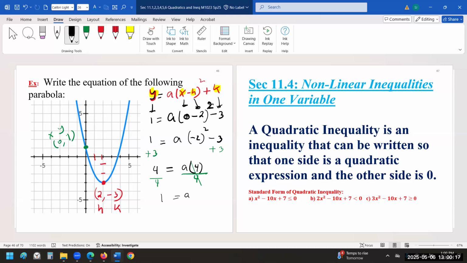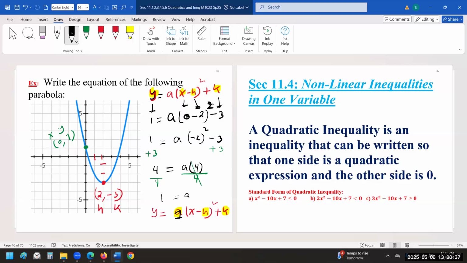Once you know the leading coefficient, we have to rewrite the equation. So we rewrite y equals a(x minus h) squared plus k. We are going to replace a, h, and k. So a is 1.